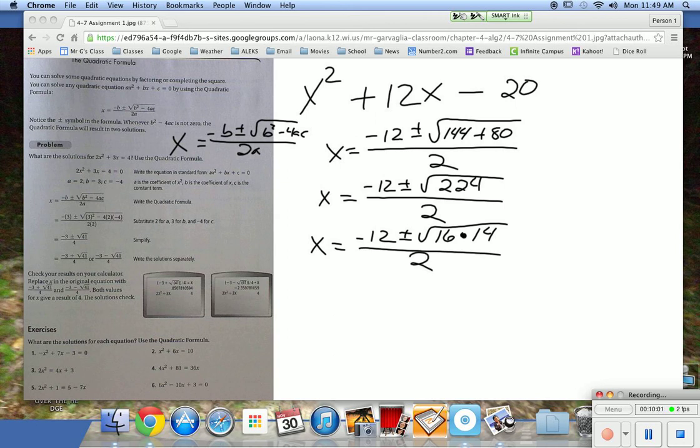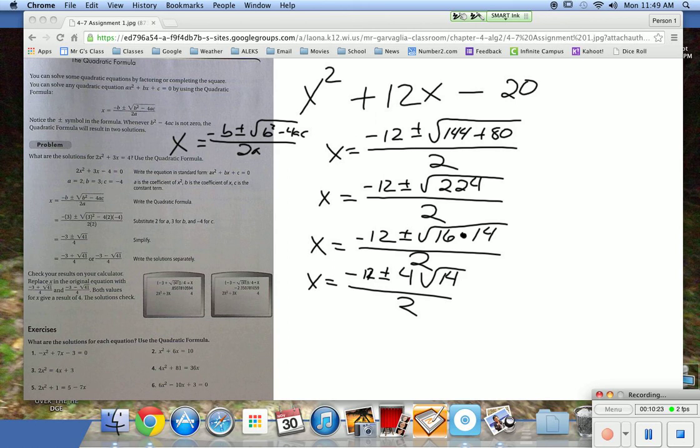That's 224. I can take 16 out, and the square root of 16 is 4. So x equals minus 12 plus or minus 4, because that's what I square rooted 16, left with square root of 14 all over 2.